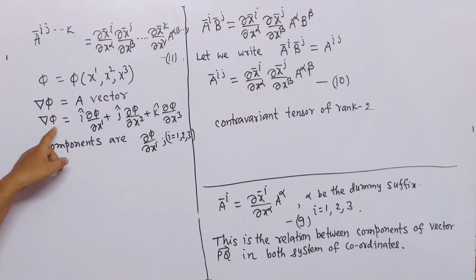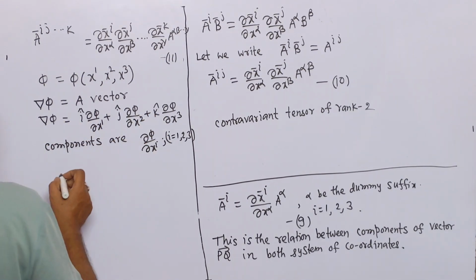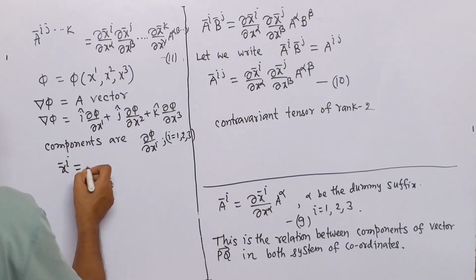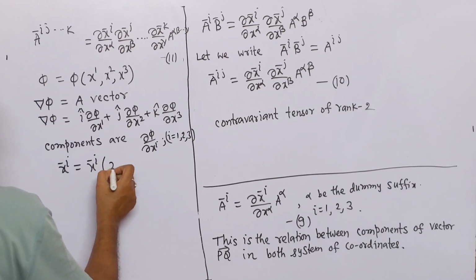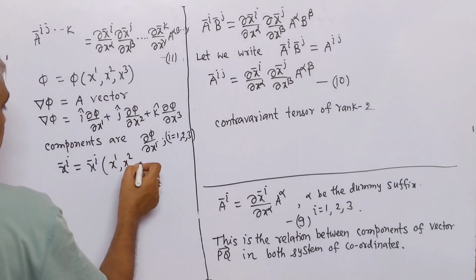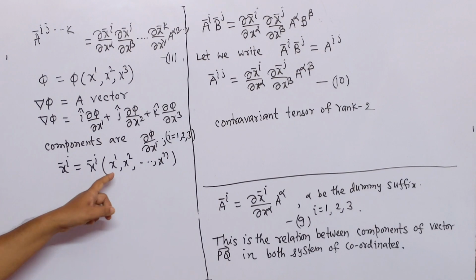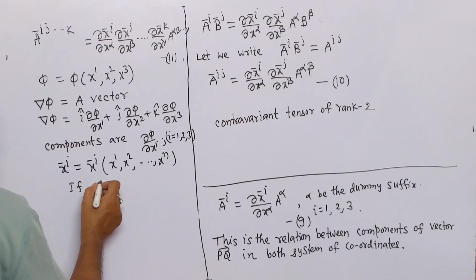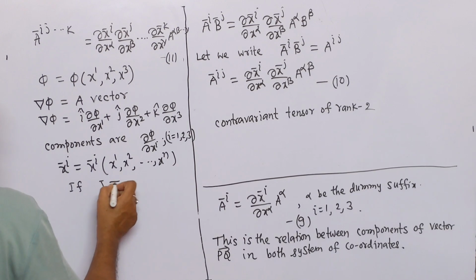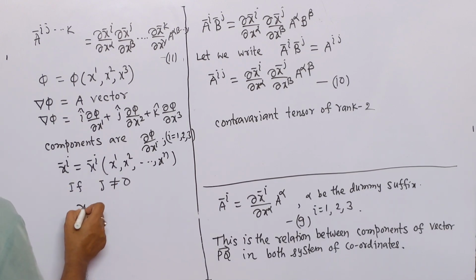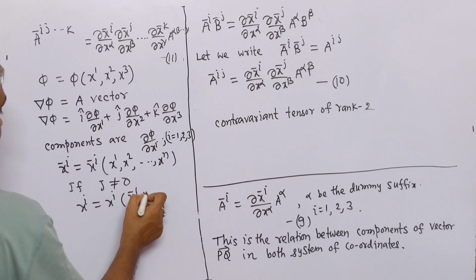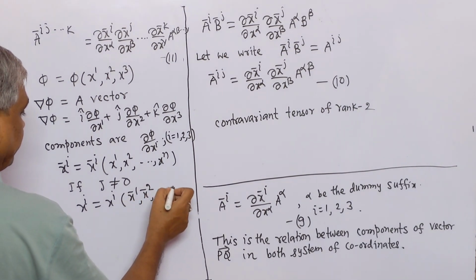Since Nabla phi is a vector, let x bar i be the coordinates in the x bar system of coordinates. Since we know that the coordinate x bar i depends upon x1, x2, ..., xn, which are coordinates in the x system of coordinates, if the Jacobian is not equal to 0, then we may write xi as a function of x bar 1, x bar 2, ..., x bar n.